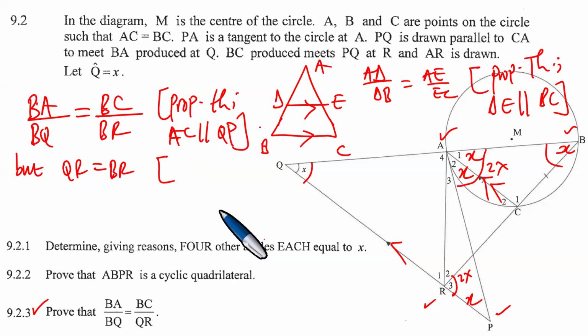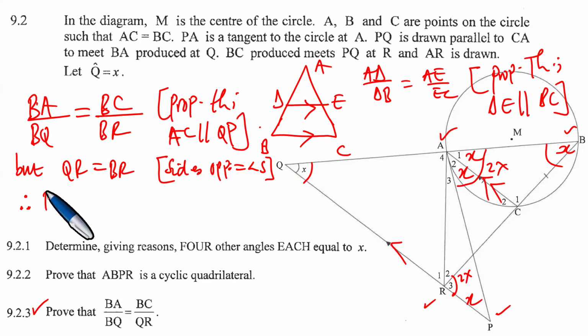And obviously now QR is equal to BR, and the reason is sides opposite equal angles. So yeah, the QR, the PR, you can compare with this one here.